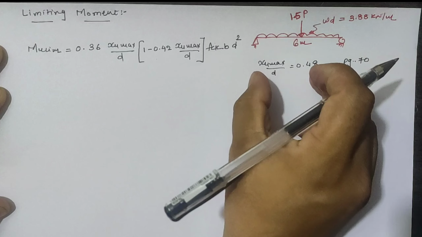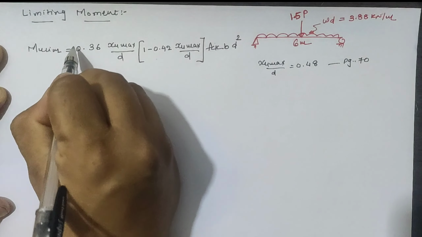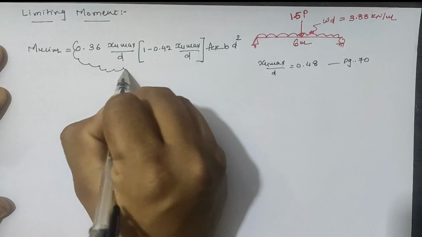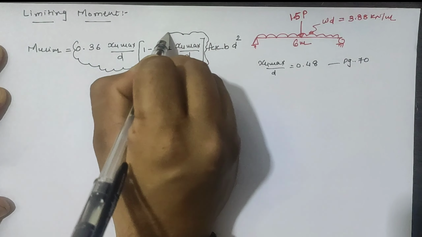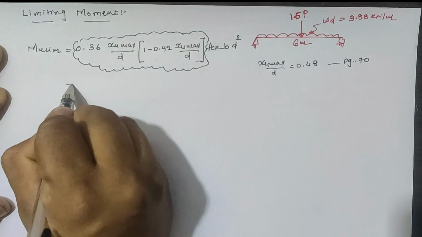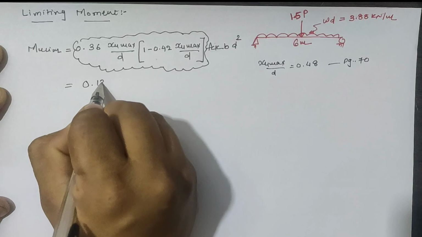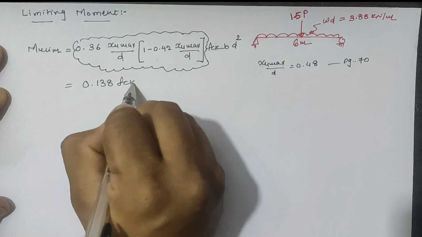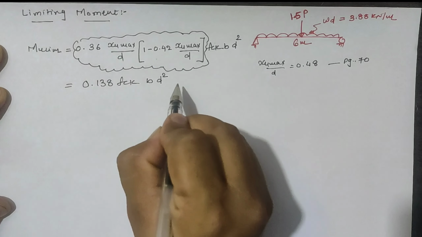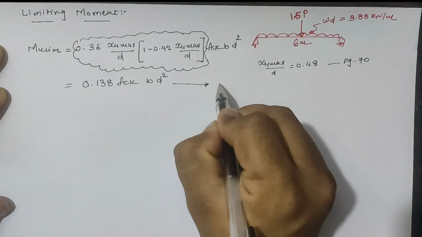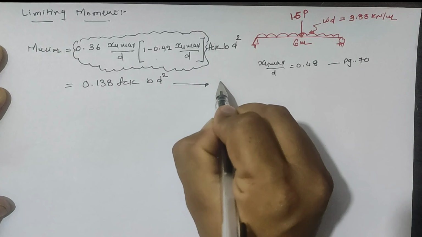Now if we put Xu max by D as a 0.48 in terms of 0.36 Xu max by D into 1 minus 0.42 Xu max by D, we have equation 0.138 fck b d square, which can be used as limiting moment for Fe 415 grade steel. So let us put the values.